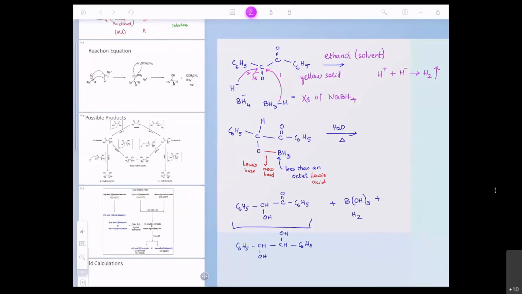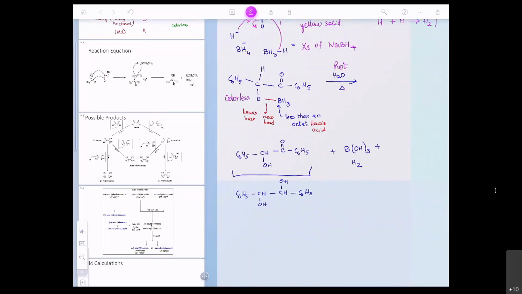Okay, and the yellow color will become colorless. That indicates the completeness of the reaction. You either will add boiling water or you'll add water and then heat it up to finally get the product. You let it cool and then you'll get nice plate-like crystals, okay?